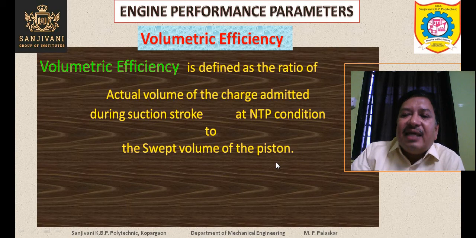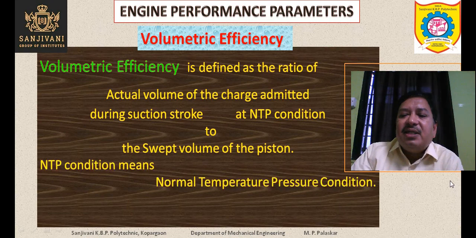So what do you mean by NTP condition? NTP condition means normal temperature pressure condition. So what is the value of normal temperature and pressure? The temperature of 15 degrees centigrade is considered, and the pressure which is considered is equal to 1 atmosphere, that is 760 millimeter of mercury.